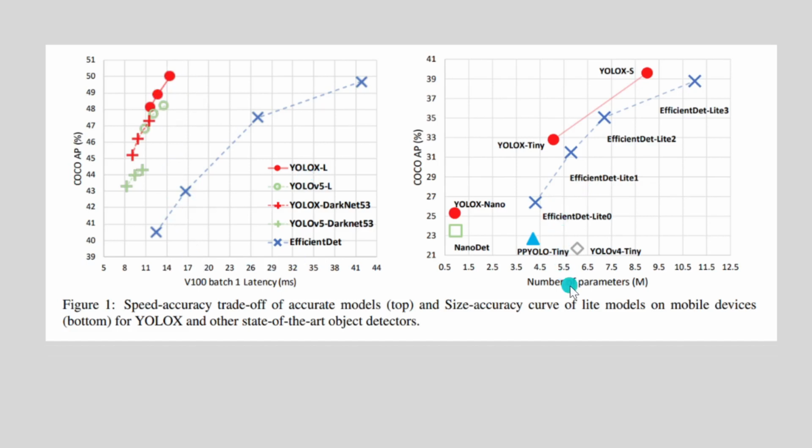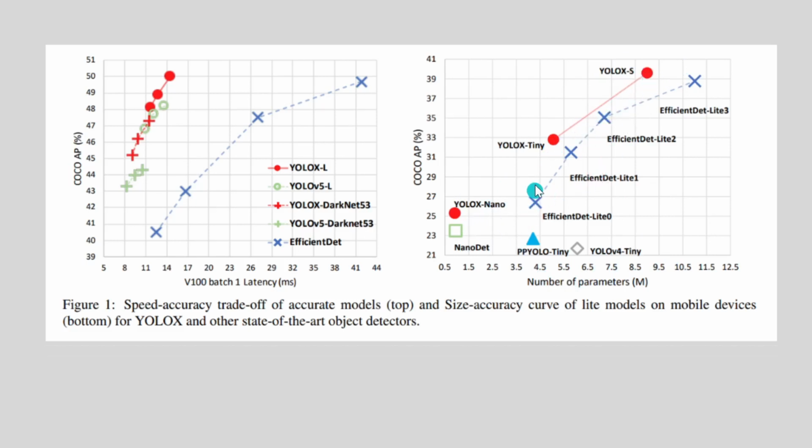On the right side, we can see the number of parameters on the x-axis and the average precision on the y-axis. For the tiny version and the small version of the YOLOX model, there is an increase in performance as we go from the nano version to the small version, and the number of parameters increases because the model is getting larger.